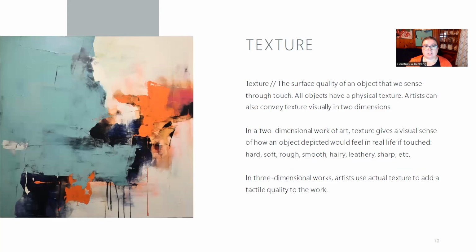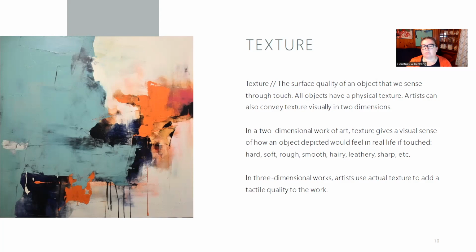Texture. Actual texture is that physical, you could rub your hand over it and feel the bumps. Or is it going to be more implied, so that it looks like it should be something, but it's not? All objects have a physical texture, and it's the artist's job to convey them in two dimensions. So again, how would it feel if it's touched?